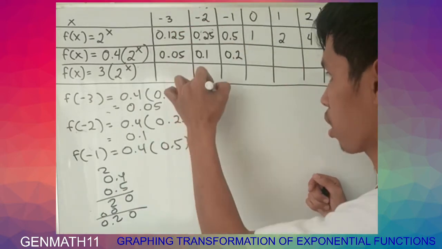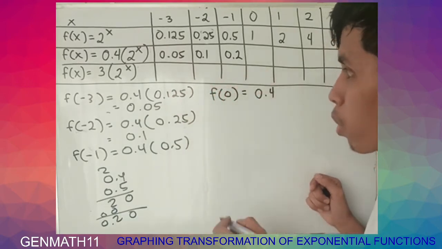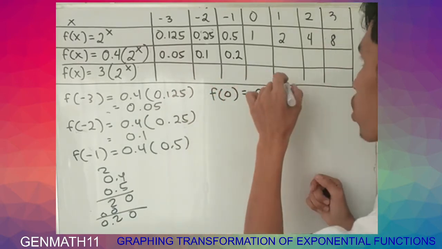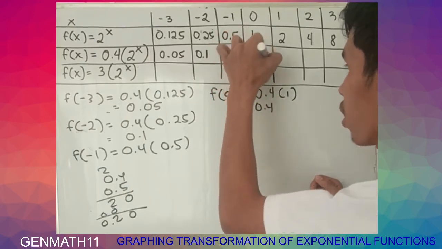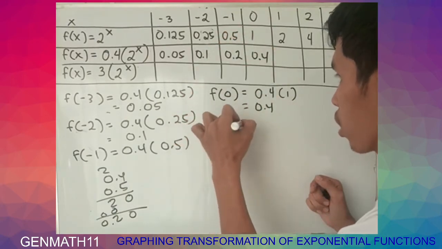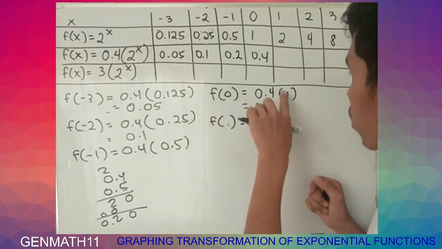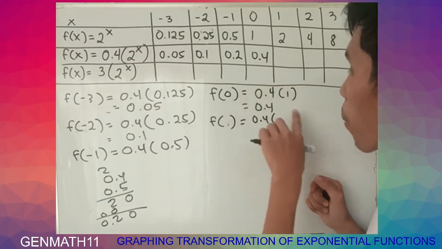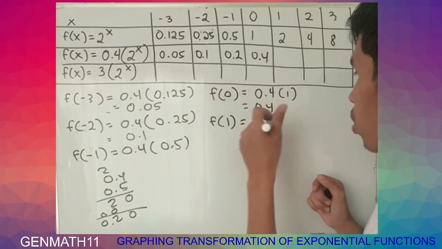Next, 0. 0.4 times 1. It will be 0.4. Then the other one is 1. 0.4 times... ito pala. Mali. Tama pala. 1 nga pala dito, times 2 dito.